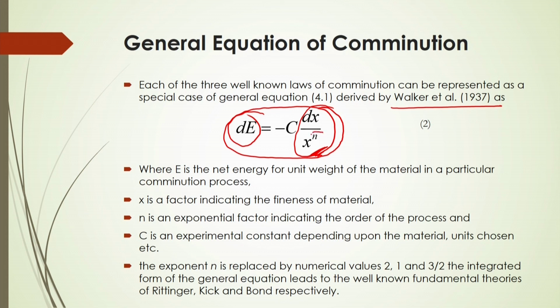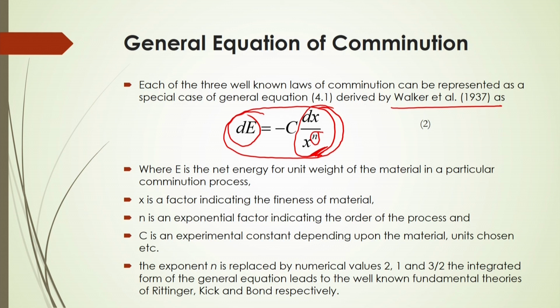And the exponent n is the factor indicating the order of the process, and C is a constant that can be obtained experimentally, which depends on the material properties and also other physical operating conditions.